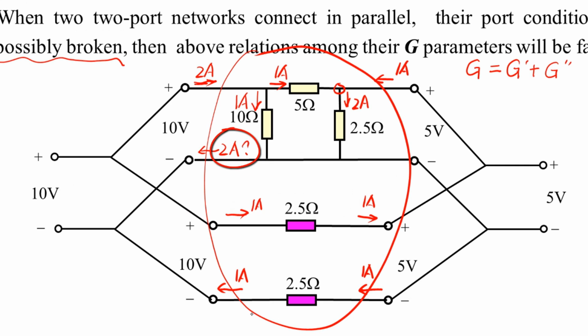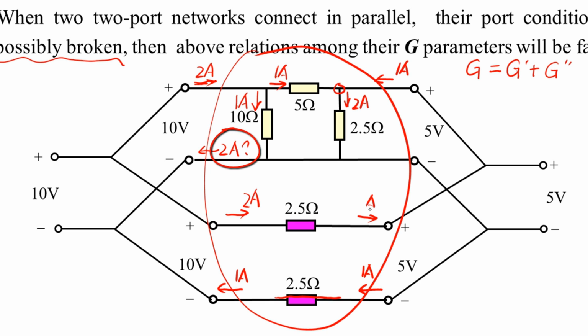We can see the 2.5 ohm resistor is shorted by this line after the parallel connection. In other words, this is a short circuit. So the current through this 2.5 ohm resistor is 2 amperes, not 1 ampere any longer.